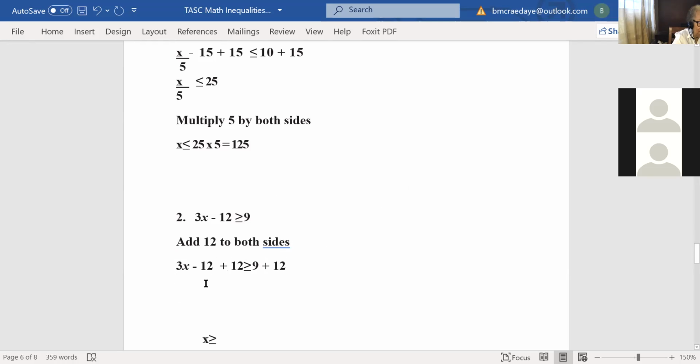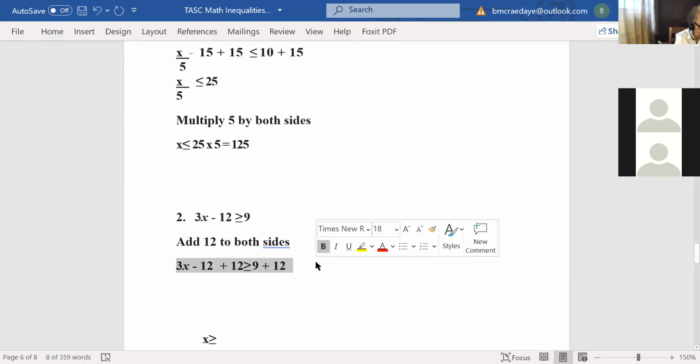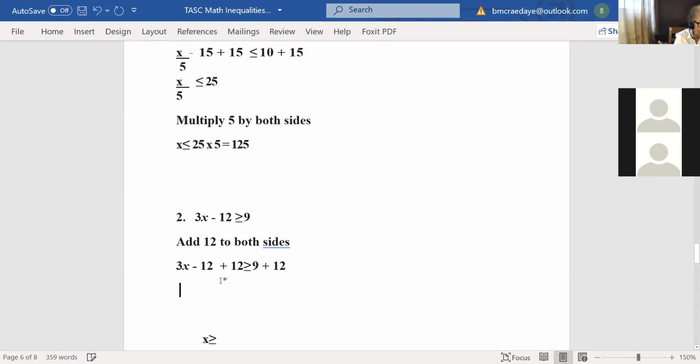Now, Maureen, what do I get on the left side? When I add the 12, what do I get? No, a minus 12 and a plus 12, Maureen. It's just a 0.